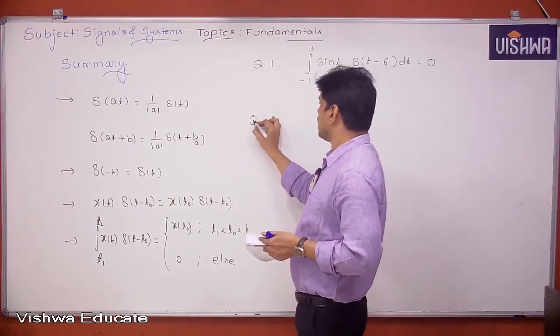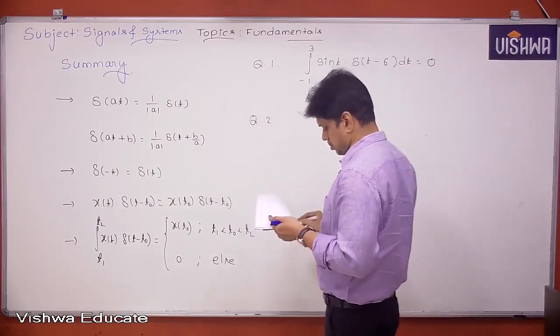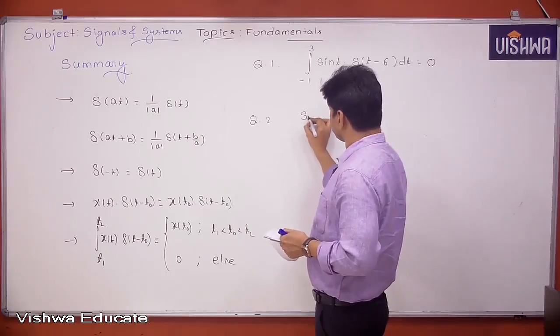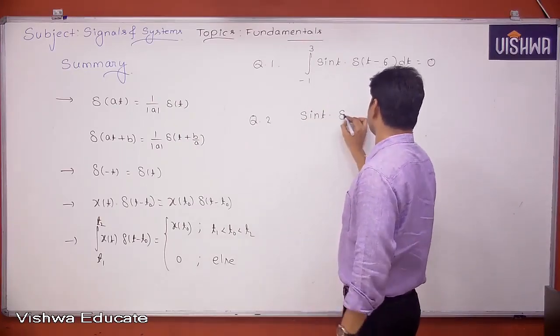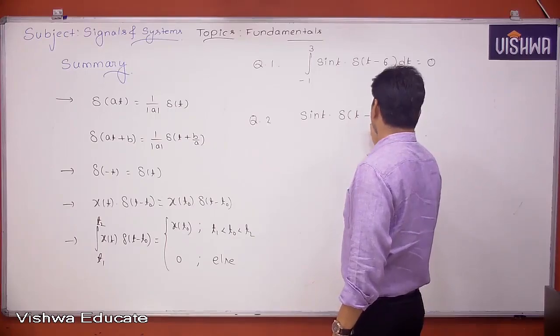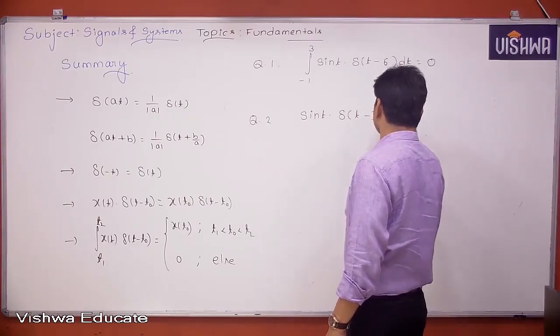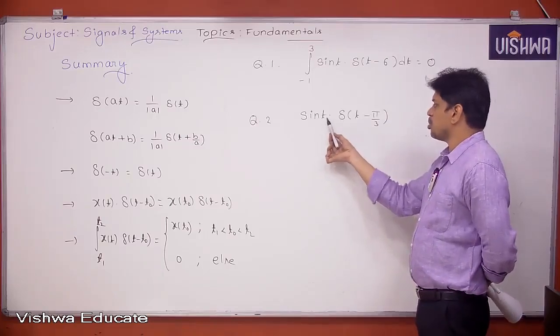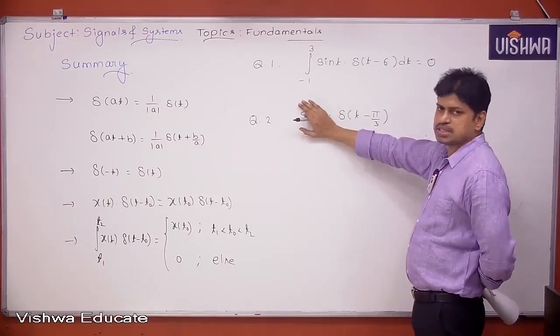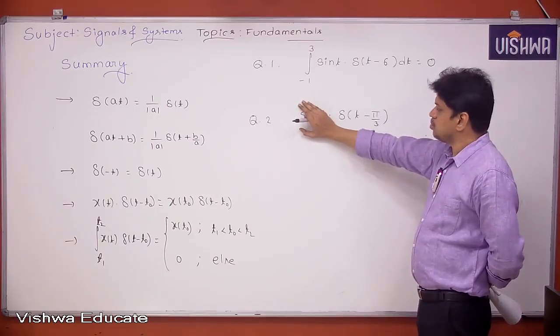Let's say another question, question number 2. Sin t into delta t minus pi by 3. What is it going to be? It's the product property. Let's call the function sin t as x of t.